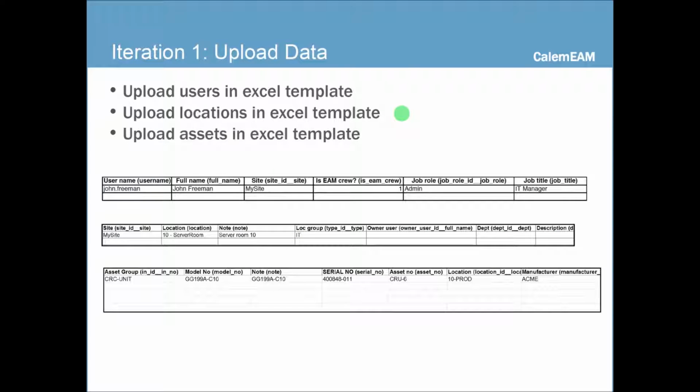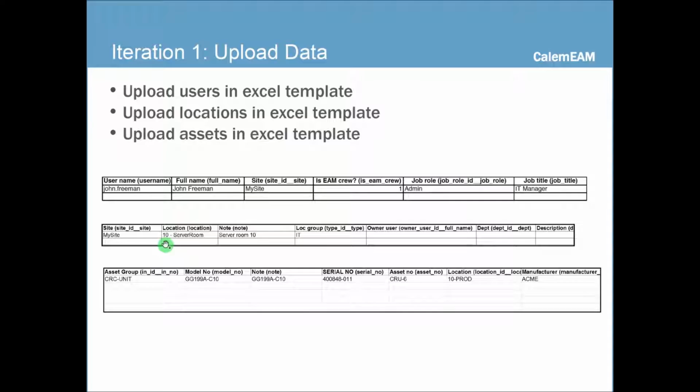After you've learned the processes, you can then upload the data, and the data includes users, locations, and assets. For users, you can fill out the user login name, full name, site, whether or not it's maintenance staff, and what the job role is, like electrician or mechanic, and the job title.